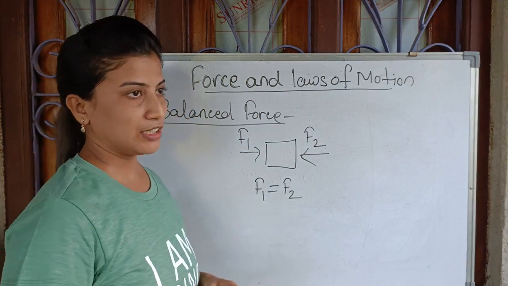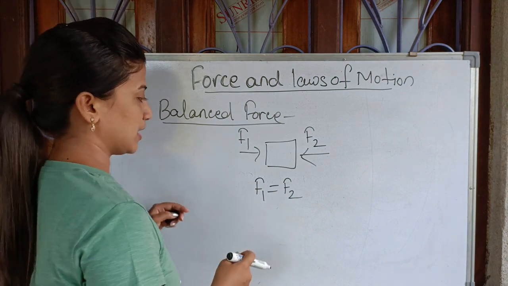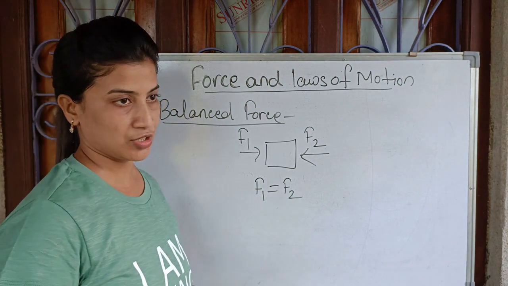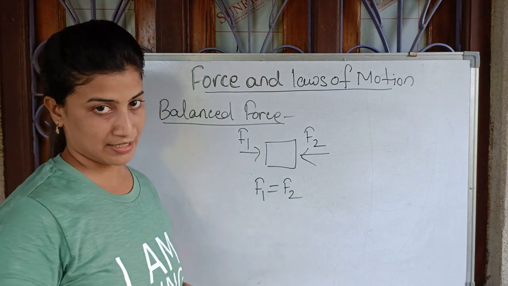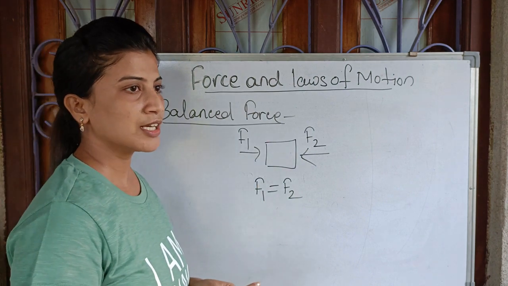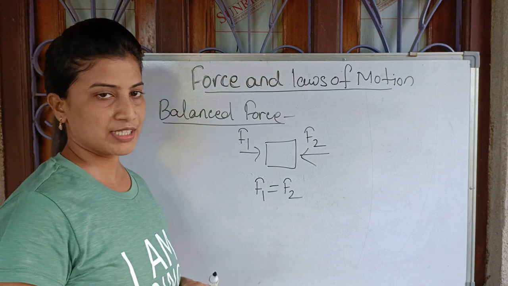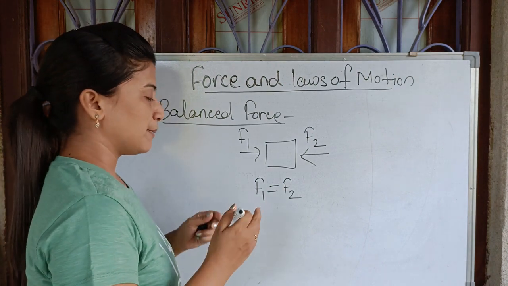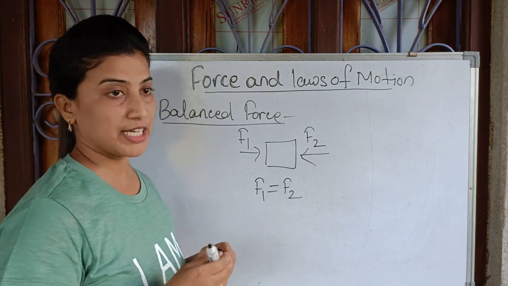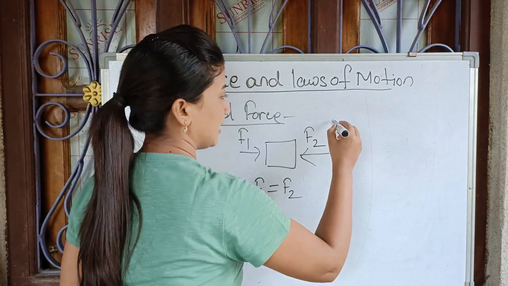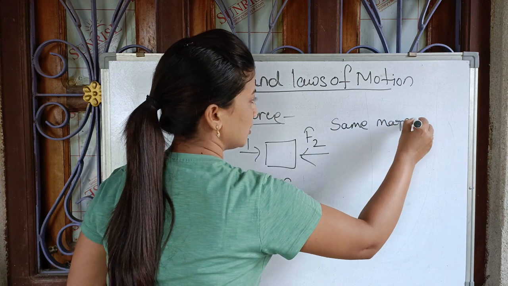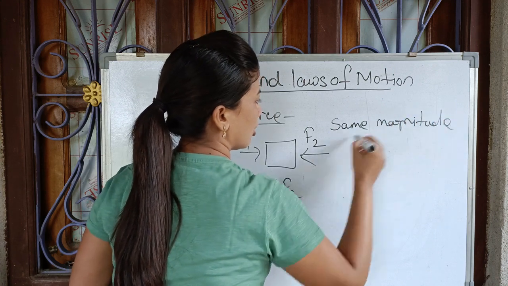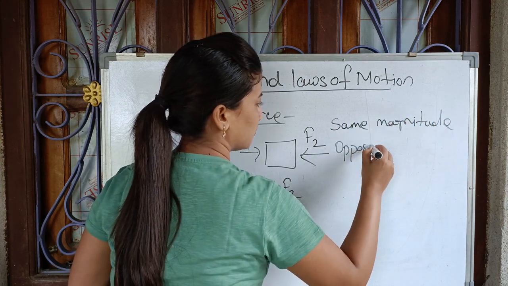If the magnitude of both the forces are equal but they are in opposite directions, then in this case we will say the forces are balanced. Then what is meant by balanced force? If 2 or more forces act on a body having the same magnitude but opposite directions. 2 things we have to keep in mind: the forces have the same magnitude and opposite direction.